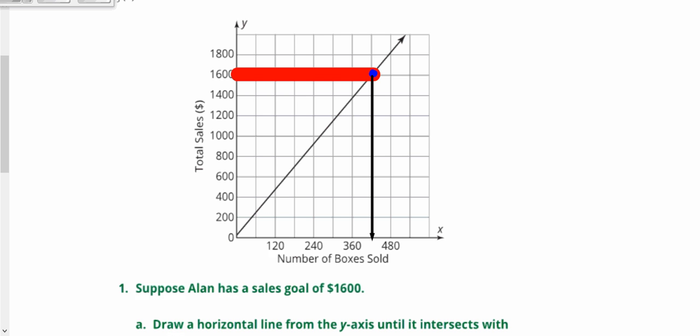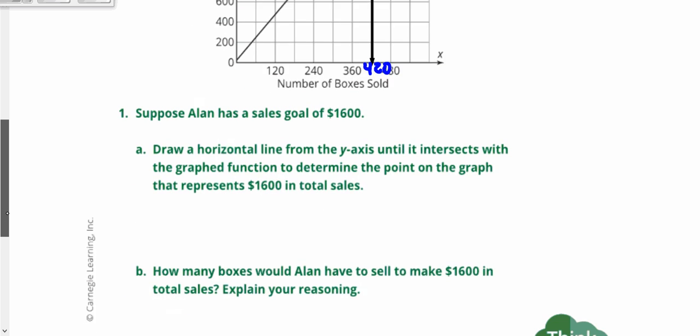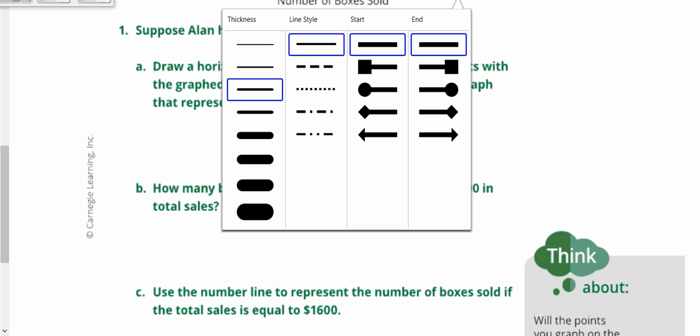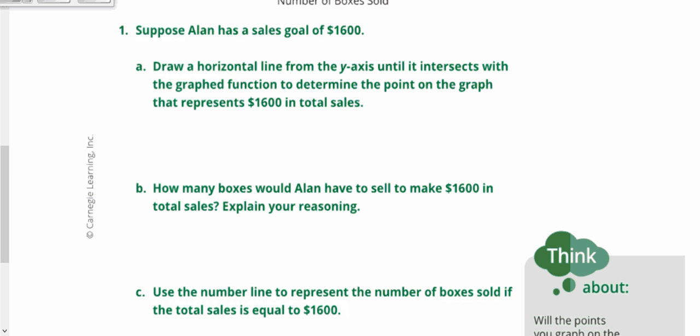In this case, they're going up by 60, so every 2 boxes is 120, so that means every 1 box or every 1 line is 60. So 360 plus 60 is 420. So that means Alan would have to sell 420 boxes of popcorn to make 1,600.